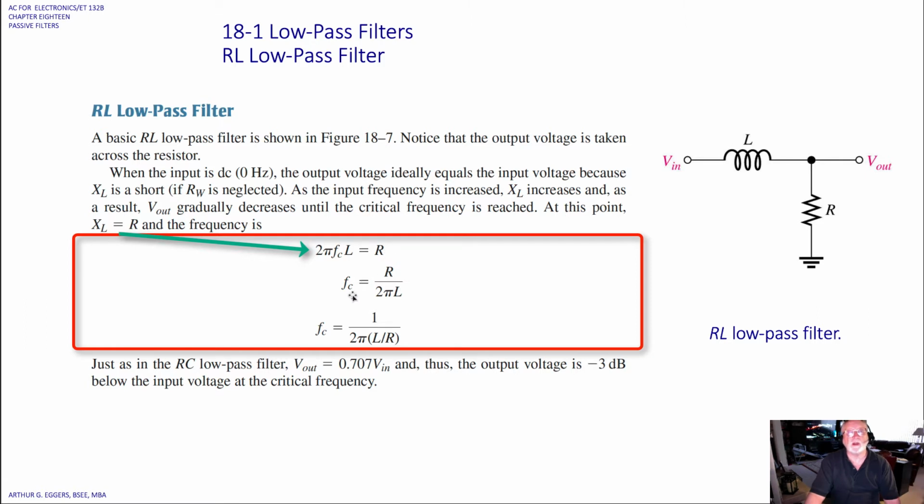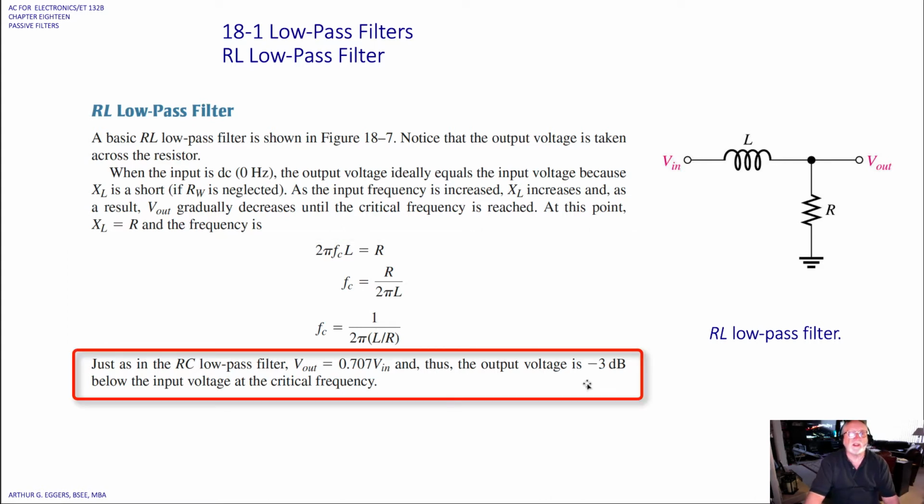So the critical frequency can be solved by using the relationship R divided by 2 pi L. And in this case, we're going to move the resistance out of the numerator into the denominator so that the critical frequency is equal to 1 over 2 pi L divided by R.